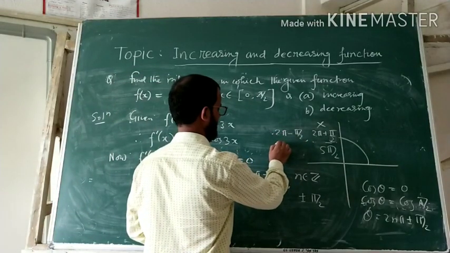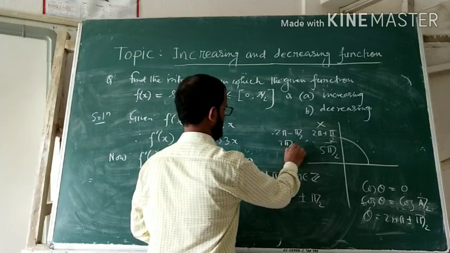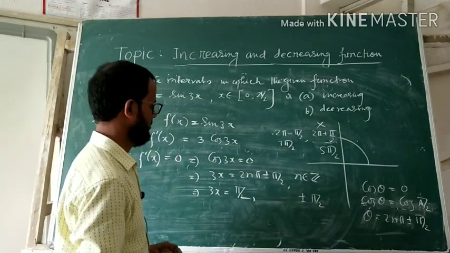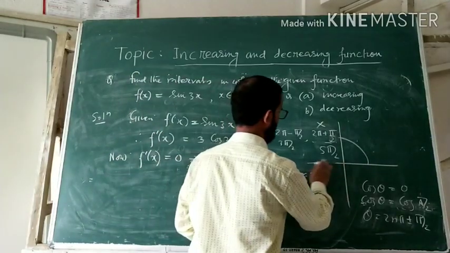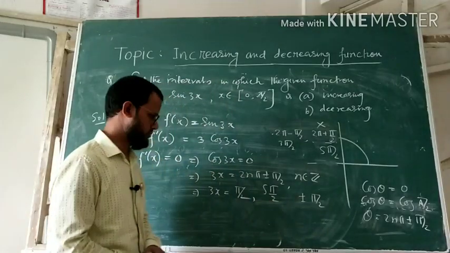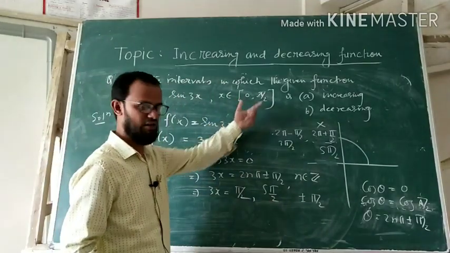4 pi 3 pi by 2 divided by 3. Okay, ultimately 5 pi by 2. 5 pi by 2 हमारा x क्या है, उसकी रेंज के अंदर होना चाहिए.